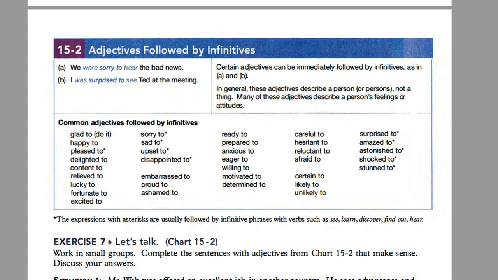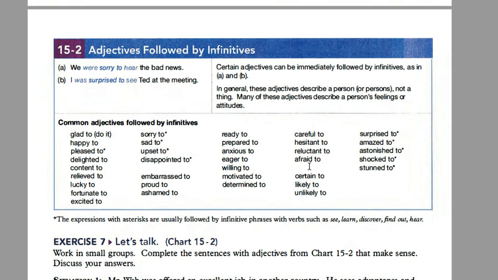It looks like a composition of words, like "I'm glad to", "I'm happy to", "I'm pleased to", "I'm content to", "I'm relieved to", "I'm lucky to", "I'm fortunate to", "I'm excited to". You can find a lot of words like "I'm reluctant to", "I'm willing to", "I'm determined to", "I'm proud to".